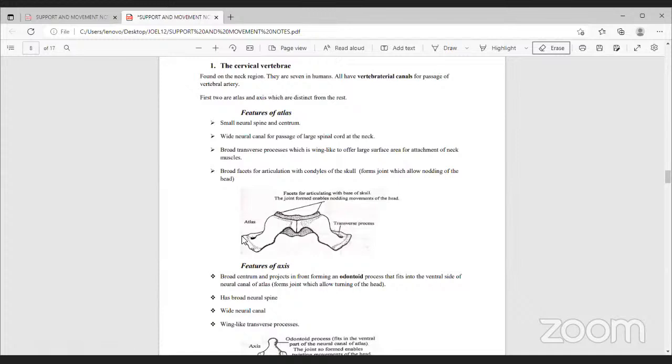The 7 bones of the cervical vertebrae have one characteristic in common. One characteristic is common in the 7 bones that are making up the cervical vertebra, and that is, they all have a vertebral canal for passage of the vertebral artery.